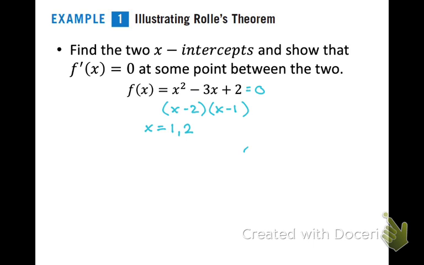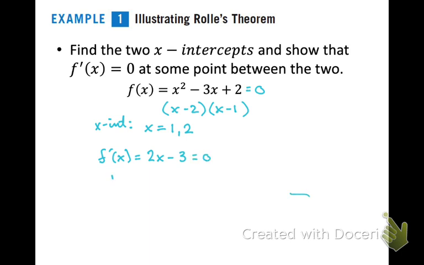So now it says find the two x-intercepts. We did that. These are my x-intercepts. So it says show that there's some point between the two that f prime of x equals 0. So now what do I have to do? Find the derivative. So what is the derivative? Okay, so 2x minus 3 is the derivative, and then I set that equal to 0.